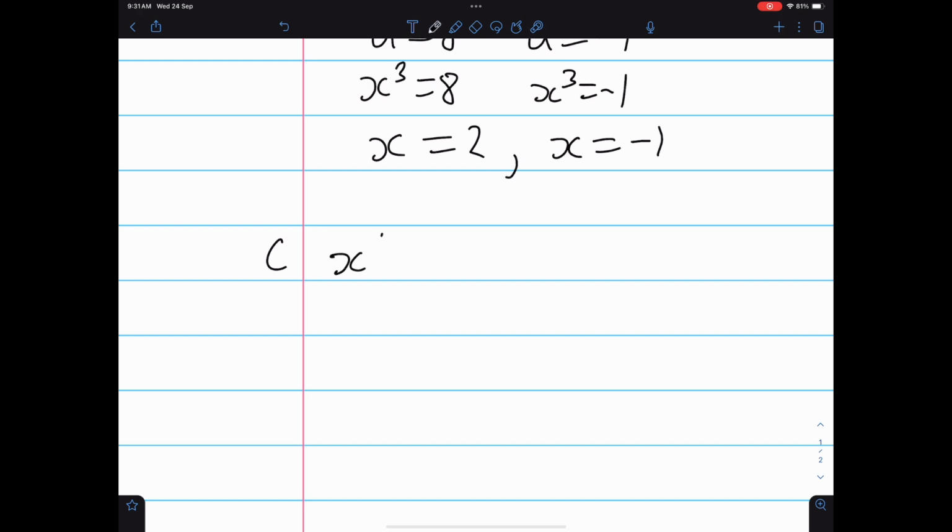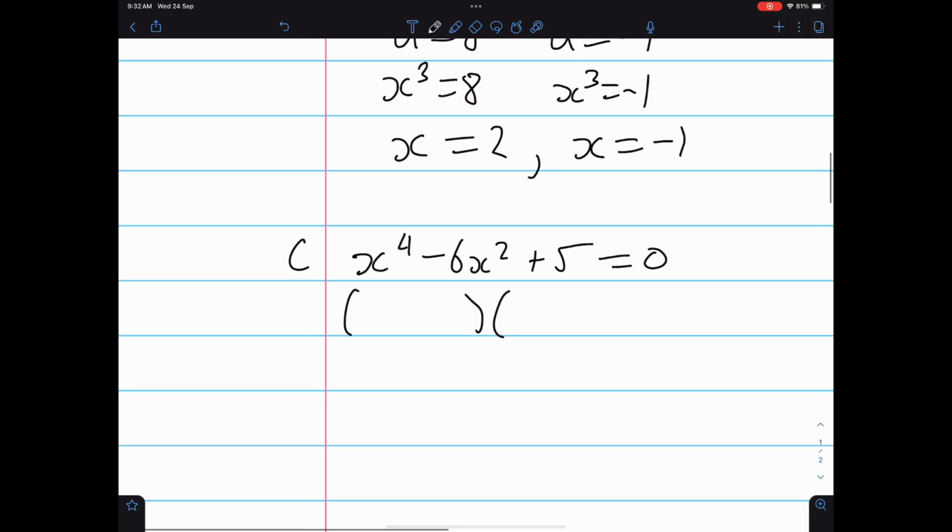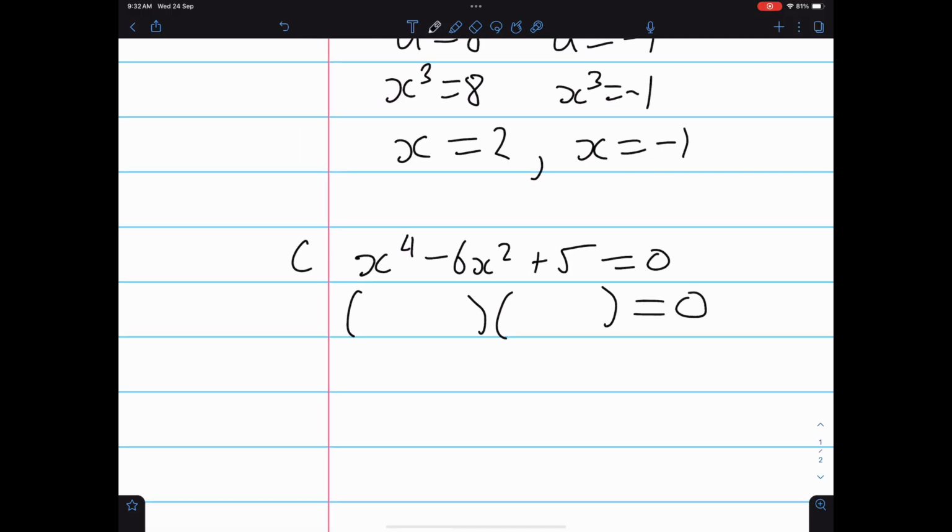C, x to the power of 4 minus 6x squared plus 5 equals 0. Alternatively, you can just automatically factor, and I'll show you how you can do this. You can just factor it out as x squared in the first place.